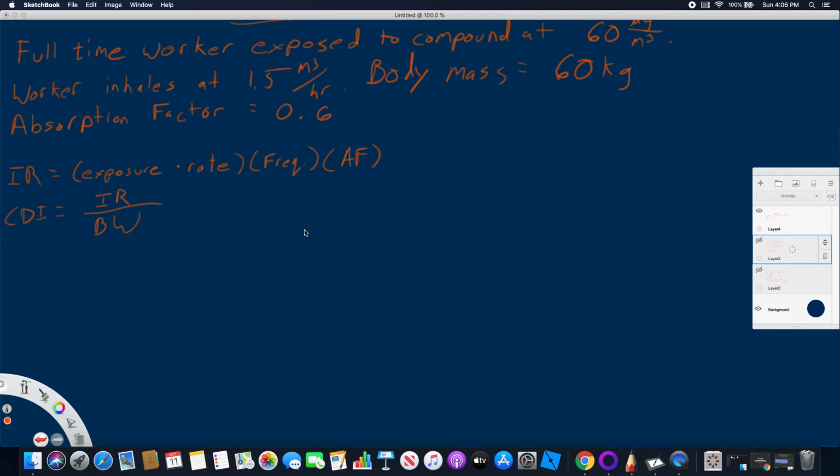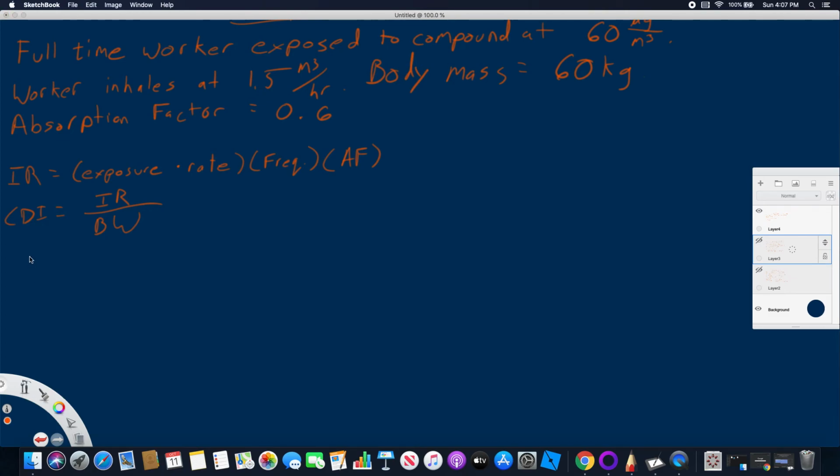Since we're talking about a worker, we're going to assume a 40-hour work week, which translates to 8 hours per day. Then an absorption factor of only 0.6. And then our CDI is going to be our intake rate divided by our body weight, because body mass is going to dilute the risk here.